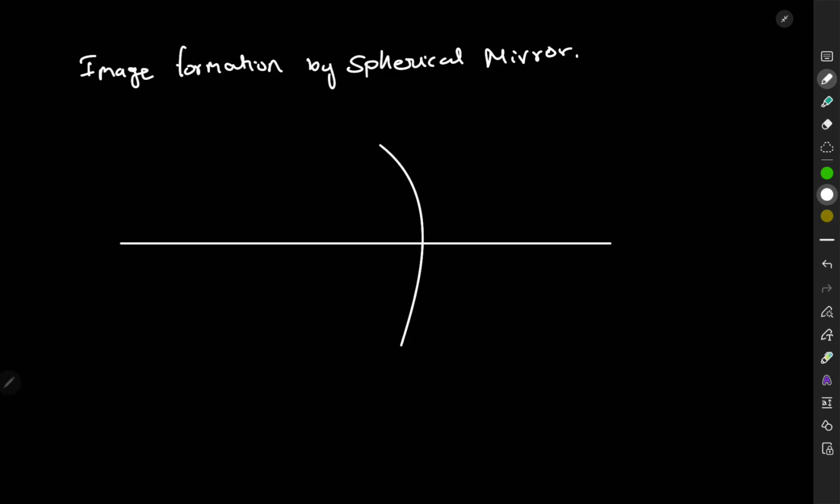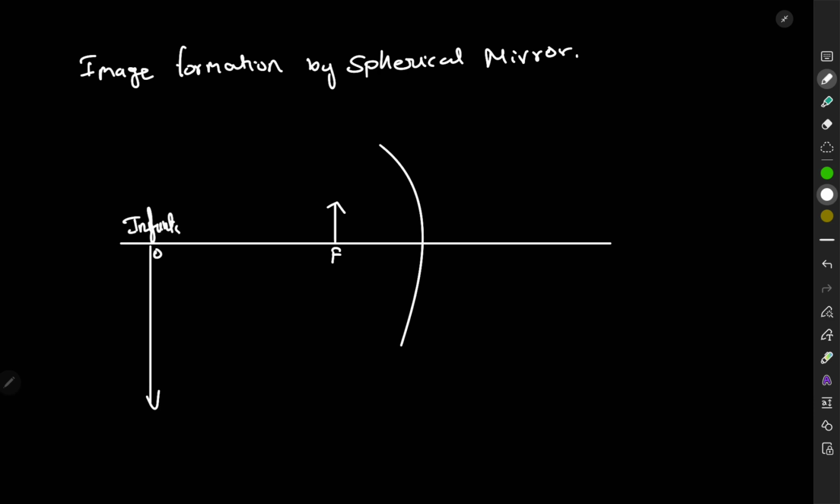Okay, first let us say it is placed at infinity. When it is placed at infinity, the image will be formed at focus.